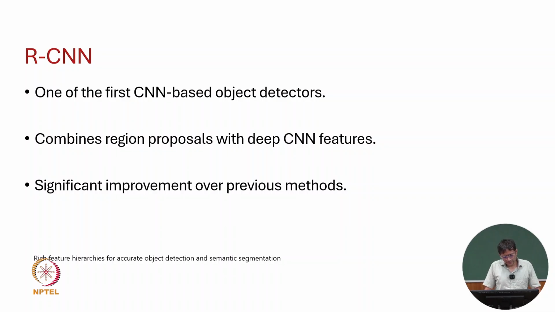So if we think about this basic setup that we talked about a couple of slides back, compared to that, the major improvements are these two steps in the RCNN. In the subsequent versions, we'll see even more modifications, but in the basic RCNN, these two are the major modifications. And it provided a significant improvement over the methods that existed back then.